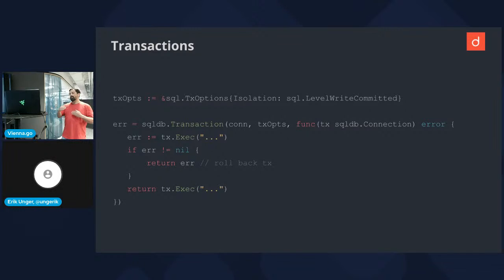Whatever happens in that function, if it panics or returns an error, the whole handling of rolling back the transaction is handled by this function. If you return an error from this transaction function, it's also returned by SQLDB transaction, and whenever you return an error, the transaction is rolled back.